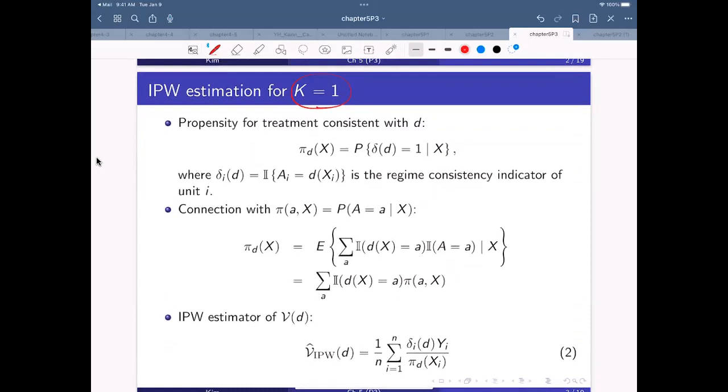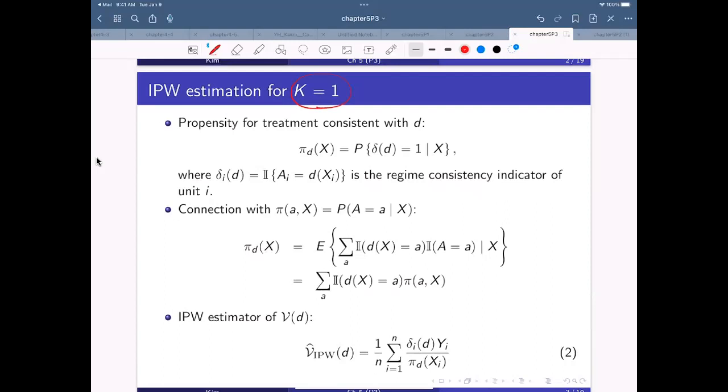So that's basically k equal to 1. So just X and Y, right? And Y is just the potential outcome. And then in order to do this IPW estimation, we defined this concept, delta. We call it the regime consistency indicator, right?